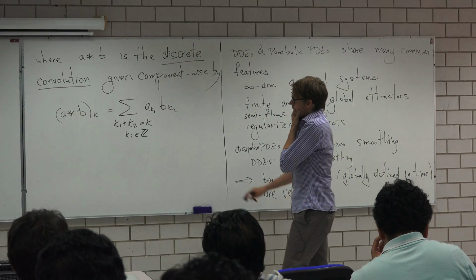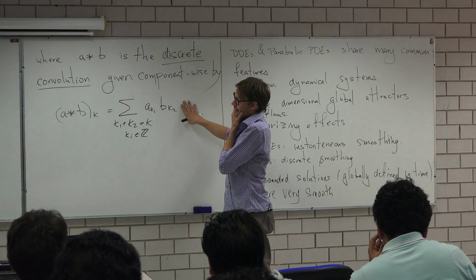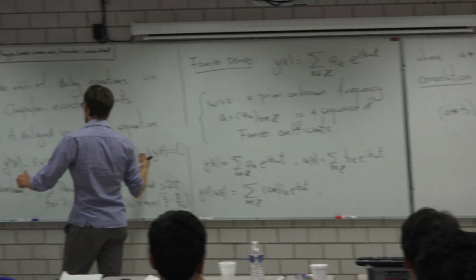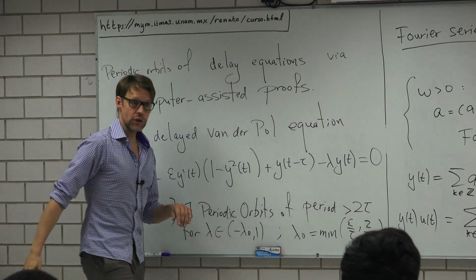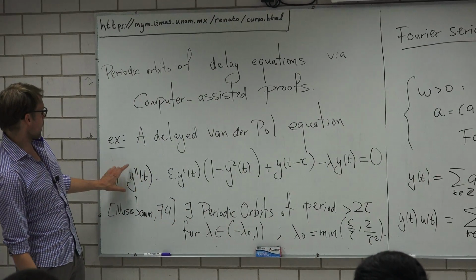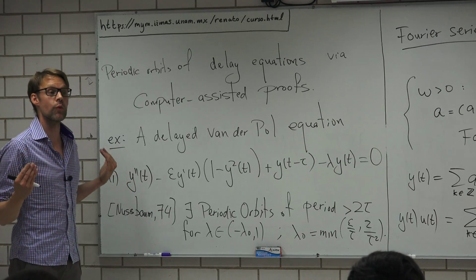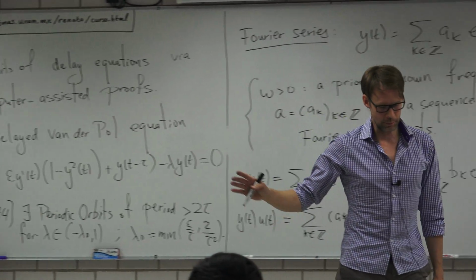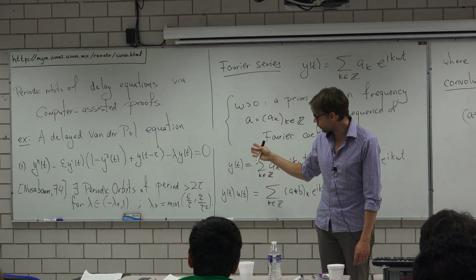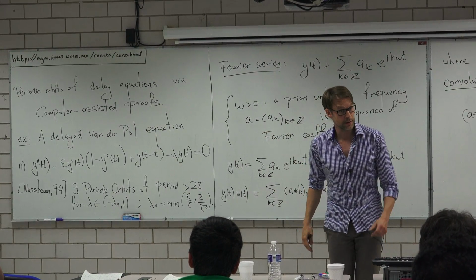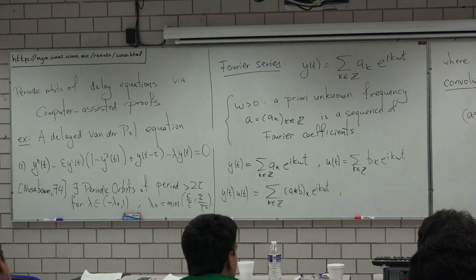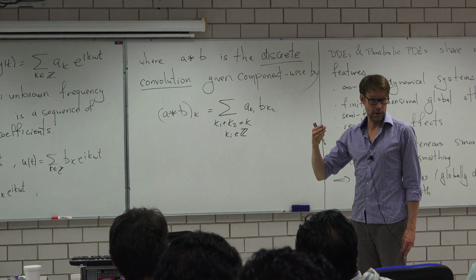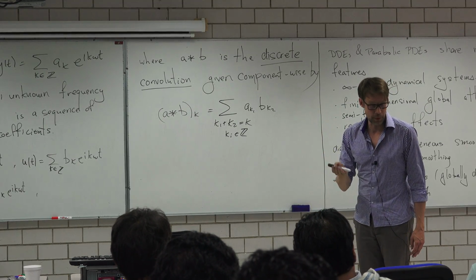Now a nice feature is that I know already that if I have a periodic orbit of a delay differential equation like that, I could rewrite it as a system, y prime equals f of y and y minus tau. In that case, because of the result of Nussbaum, I know that periodic solutions are analytic. By the Paley-Wiener theorem, that means that the Fourier coefficients are going to decrease to zero with a geometric decay.